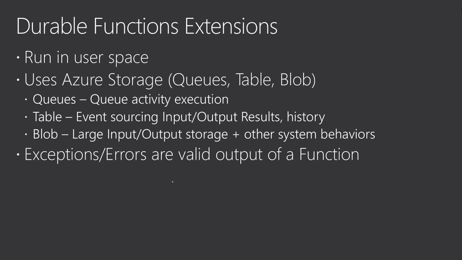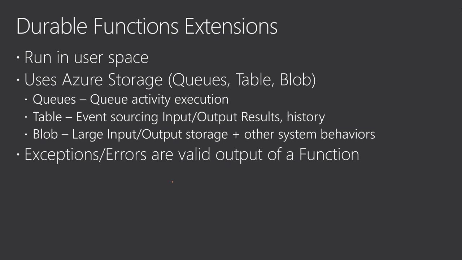The table will be for your event sourcing, input, output, result, the history, what orchestrator was started, all this is stored there. And for blobs, every time you have an input or an output that is too large, that will explode the amount of space that you have available in the table, we will put it in the blob instead.